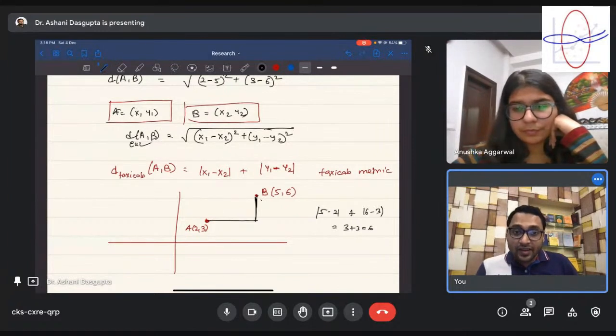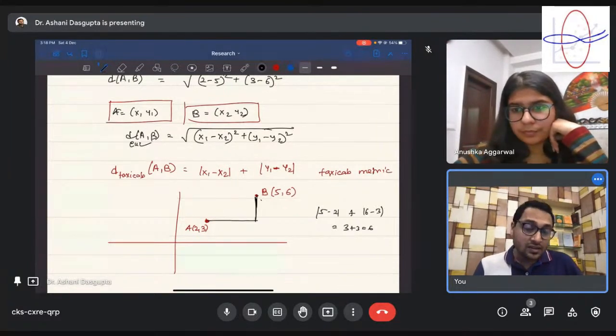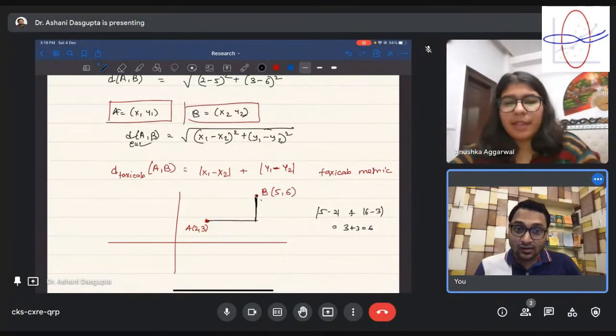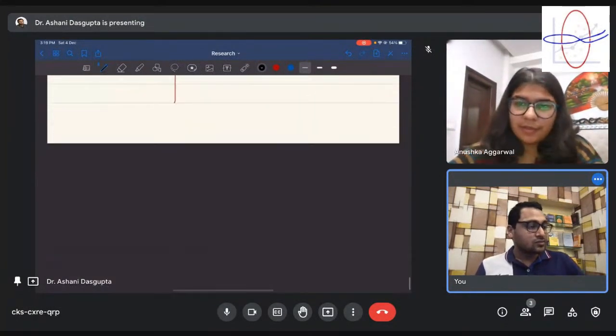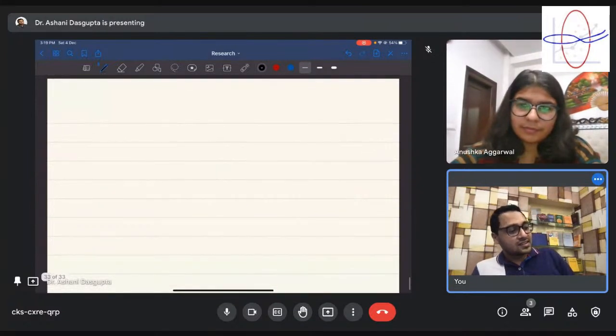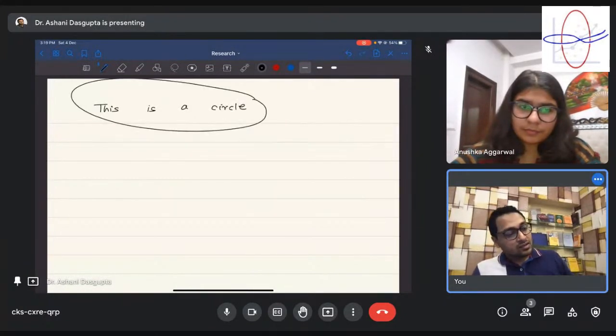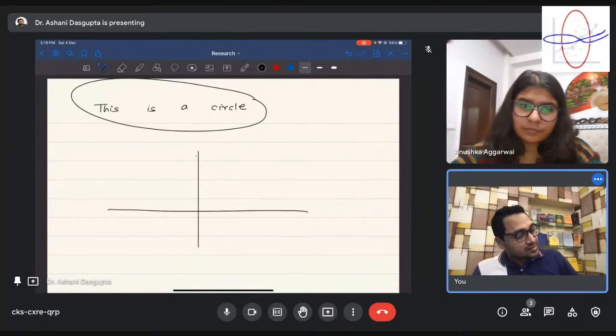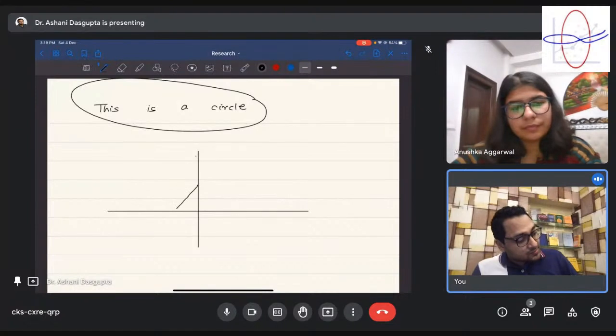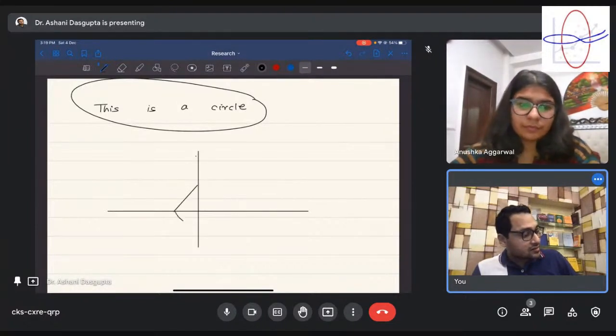And there was a very interesting thing that we observed in the last session: the circle looks very different. It becomes a square. So what is a circle in the taxicab metric? In the taxicab metric, this particular picture is the picture of a circle.